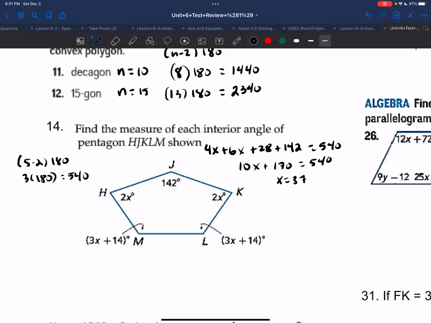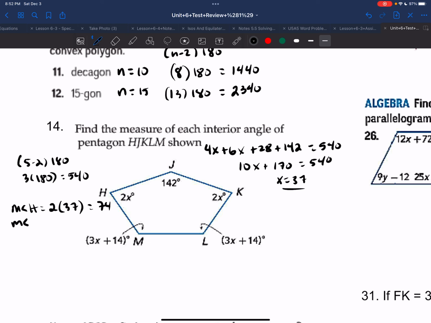Okay? Now, all I have to do is plug them in. We know that the measure of angle J is 142. And the measure of angle H is 2 times 37, and that's the same thing for the measure of angle K. 2 times 37 should be 74.